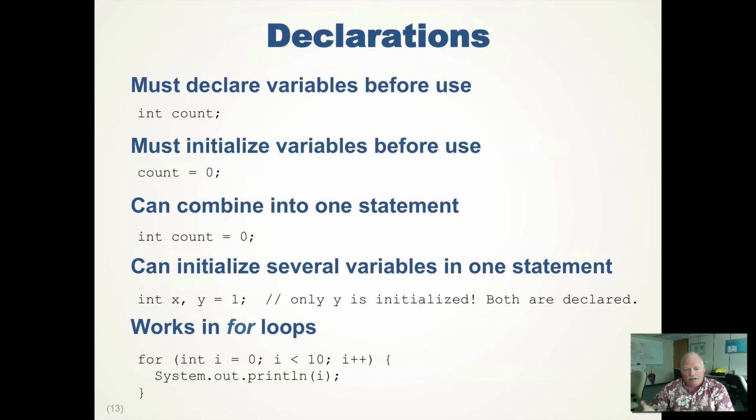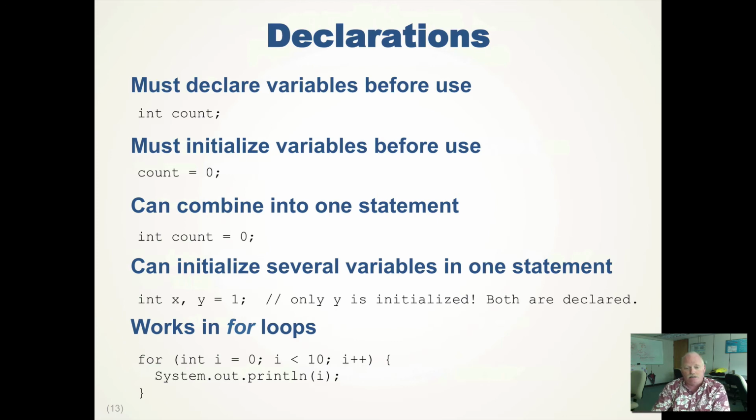We can combine that into one statement, int count = 0. That's just a convenience. The program actually still does a two-step execution: it allocates the variable count and then initializes the value to 0.